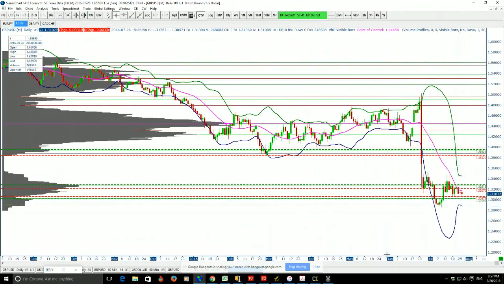So GBP USD, not really having a look at that, but what we can do is a what-if scenario, and we very often do that using volume profile on a day chart. We know we're ranging, consolidating within this 132 130 area, right?